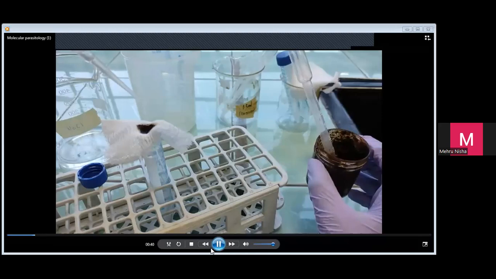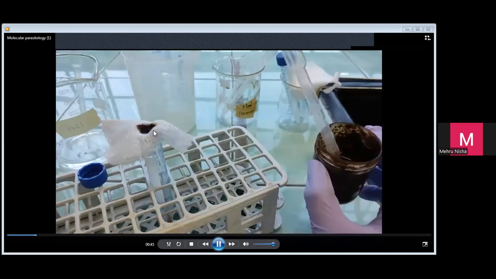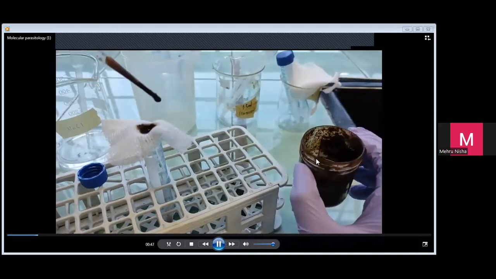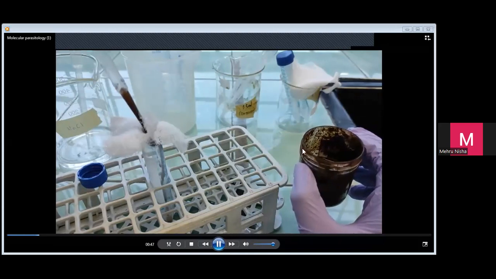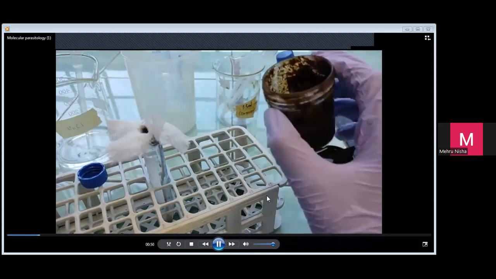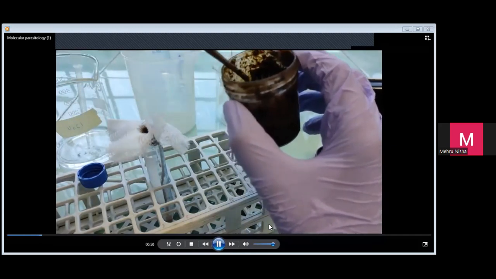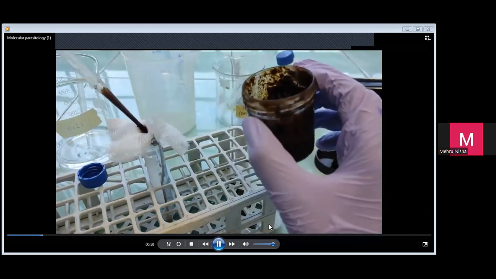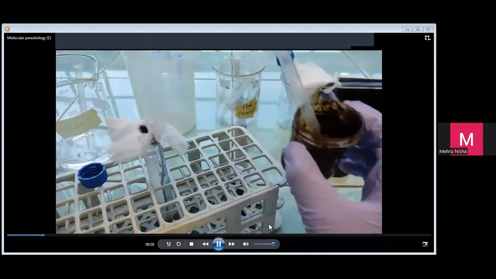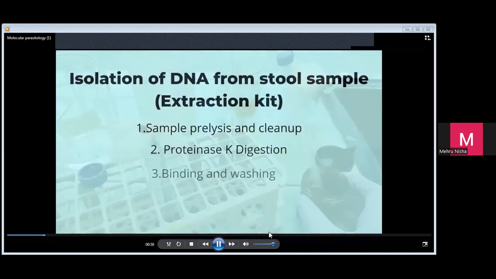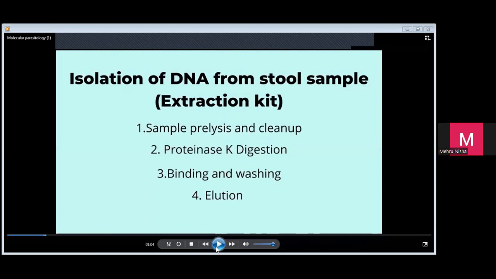And you can add some sodium chloride if it is too thick. This is an ordinary gauze. Okay. So after the preparation, now we have a filtered stool sample.